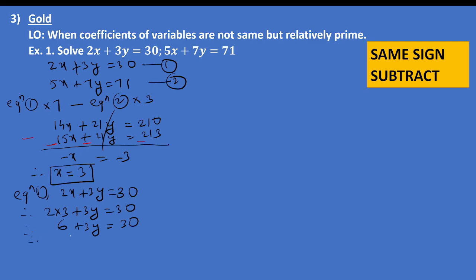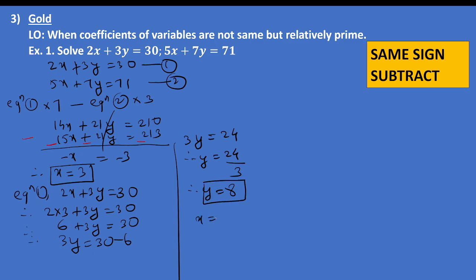So therefore 3y equals to 30 minus 6, which is 3y equals to 24. Therefore y equals to 24 divided by 3, which will lead us to y equals to 8. Hence we got the answer x equals to 3 and y equals to 8.